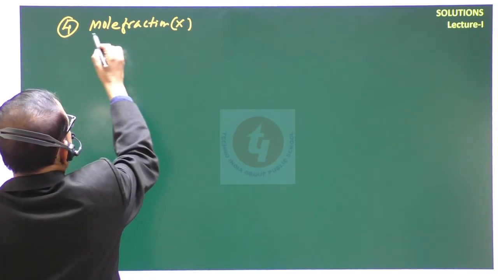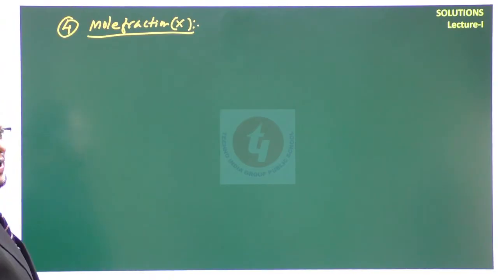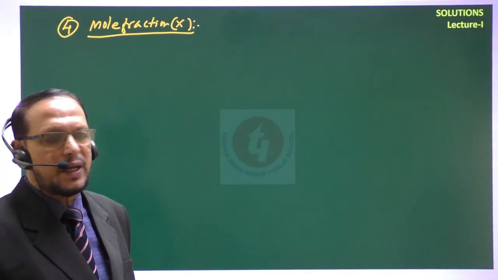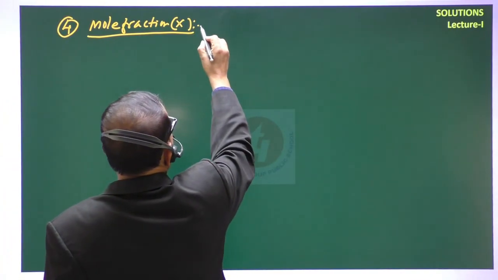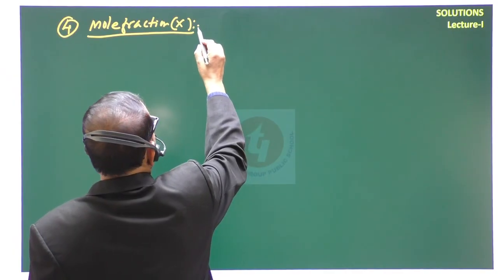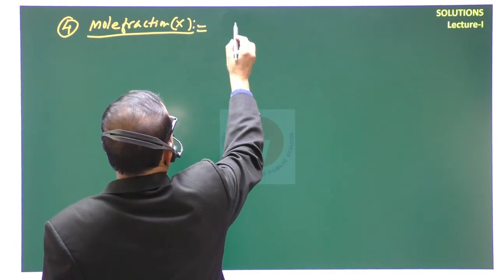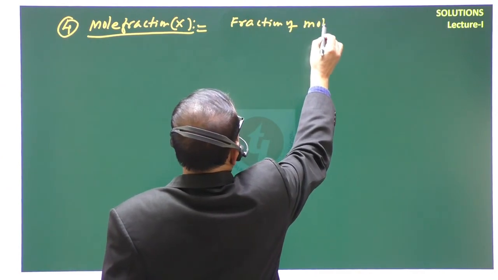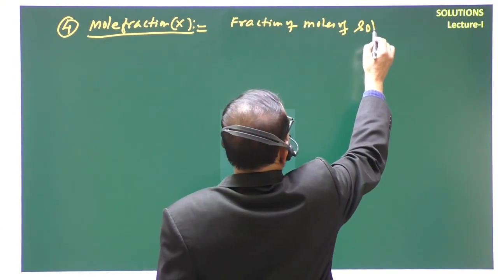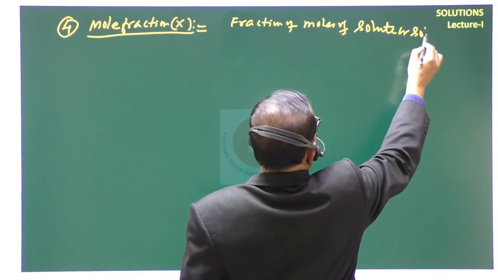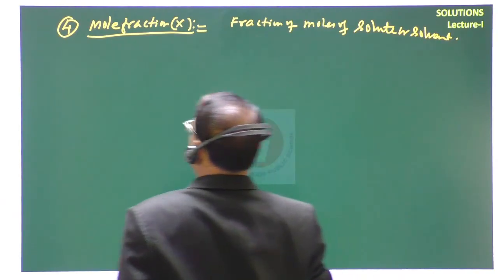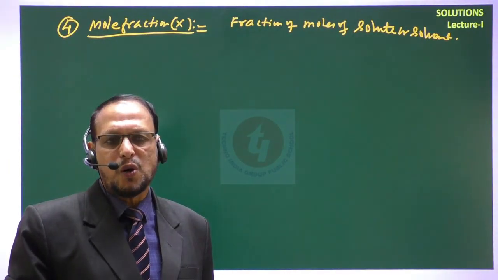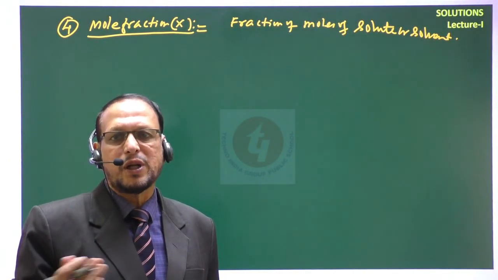The next part is mole fractions. Mole fraction we denote by x or alpha. What is mole fraction? It is the fraction of moles of solute or fraction of moles of solvent, that is, individual moles by total moles of solute and solvent.